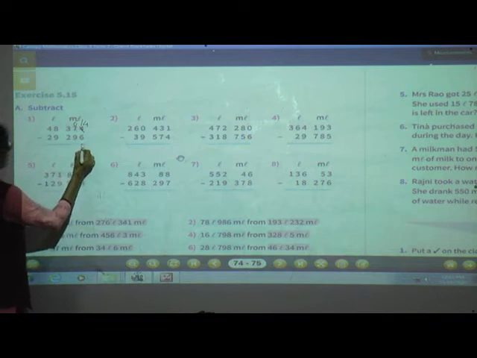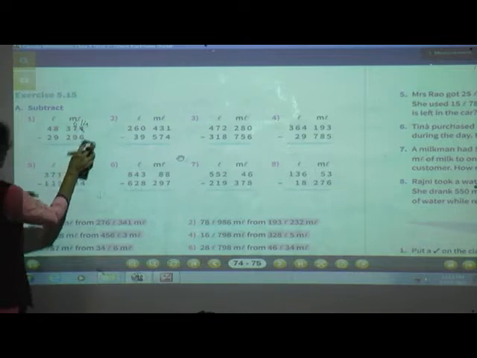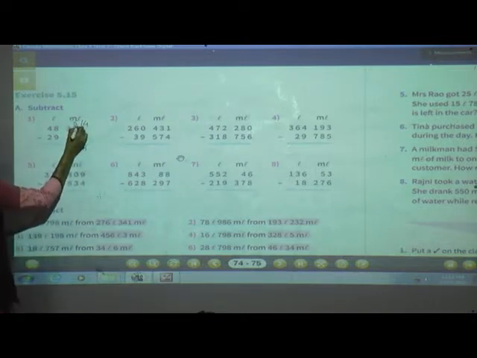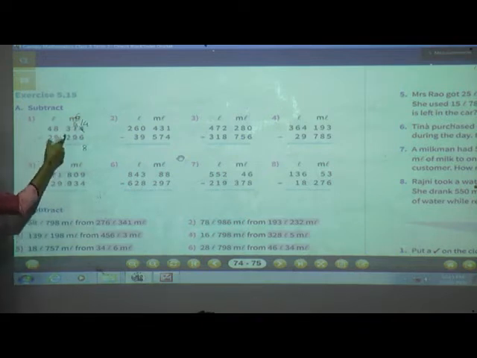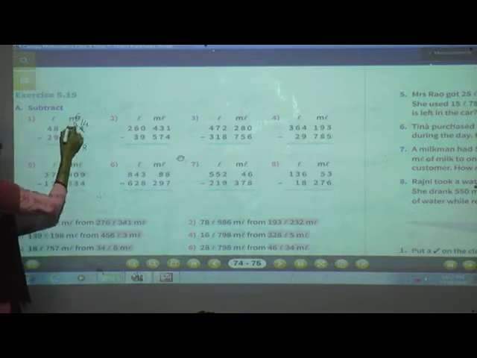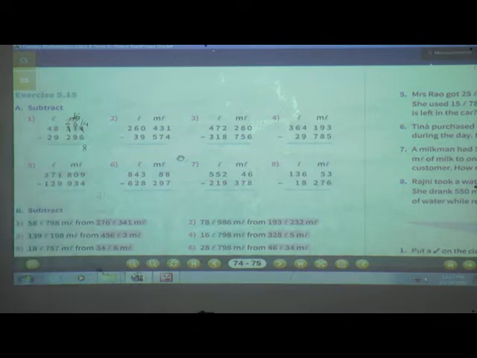Then see the next column. Here 6 minus 9. Can you do 6 minus 9? No. Then what to do? We'll cut this 6, write as it is, and then move to the neighbor. Here neighbor is having 3. So we'll take one borrow from this 3. 3 minus 1, 2 will remain and this 6 will become 16.